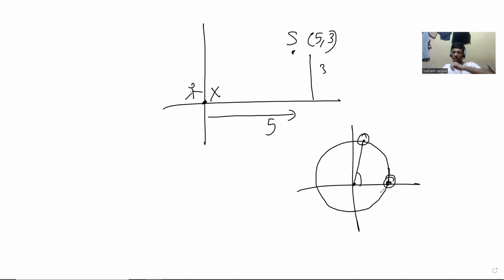What I'm trying to say is that 60 degrees more easily translates the same information. Otherwise, you could tell him to walk this height. You have to find this height using Pythagoras, something square root 3/2, and then walk some square root something many steps to the left. That's also fine, but just saying degrees in that situation is easier. So in that situation, the coordinate system of degrees is better.